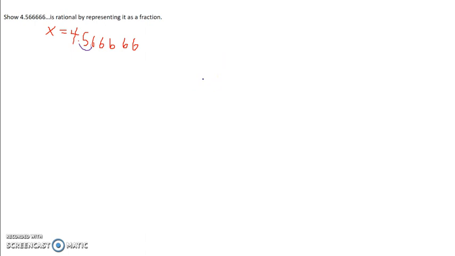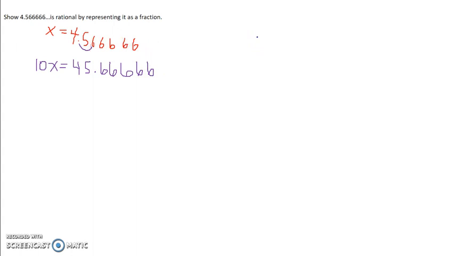So that's what my first equation should be. To move the decimal point one place over, I'm going to multiply by 10. So 10x is equal to 4.5666666 times 10, which gives me 45.6, and it goes on forever. That's my first equation.